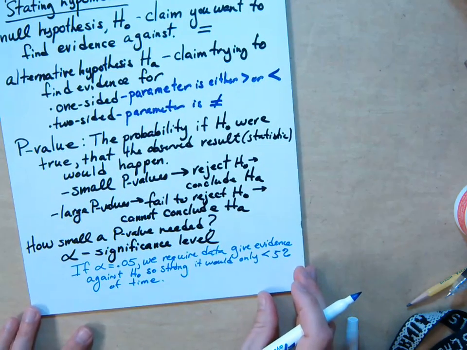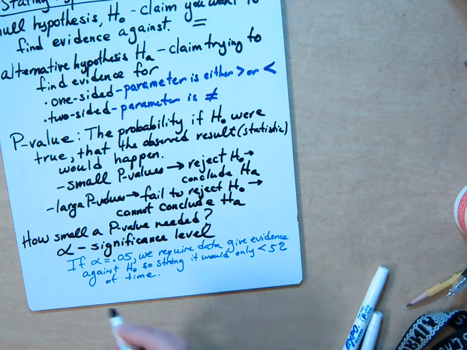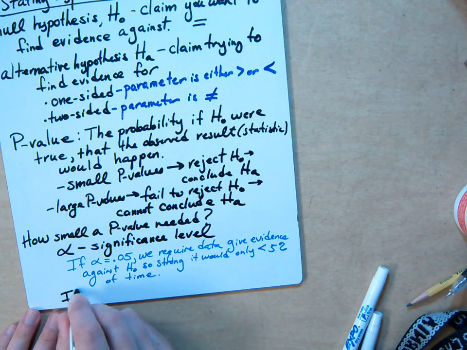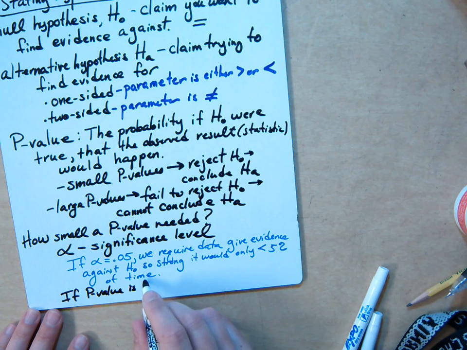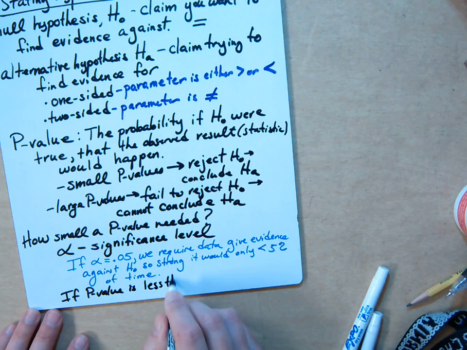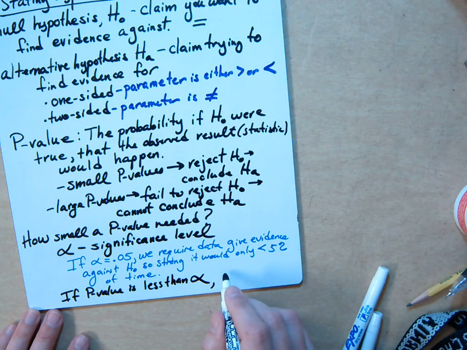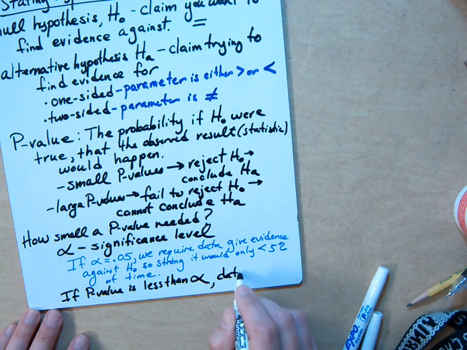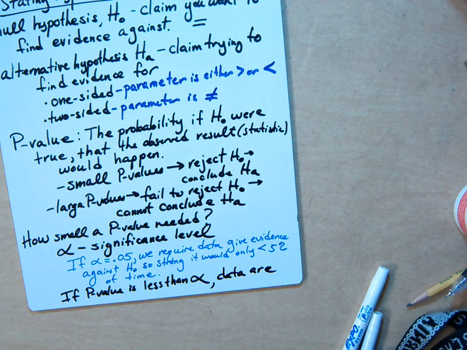And so if the p-value is less than alpha when we do a test, if our p-value is less than alpha, then our data are statistically significant.